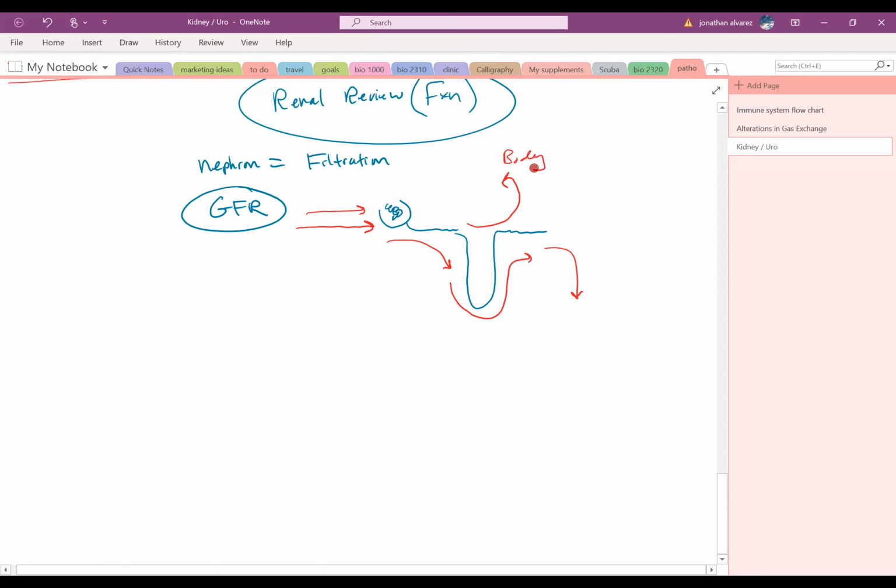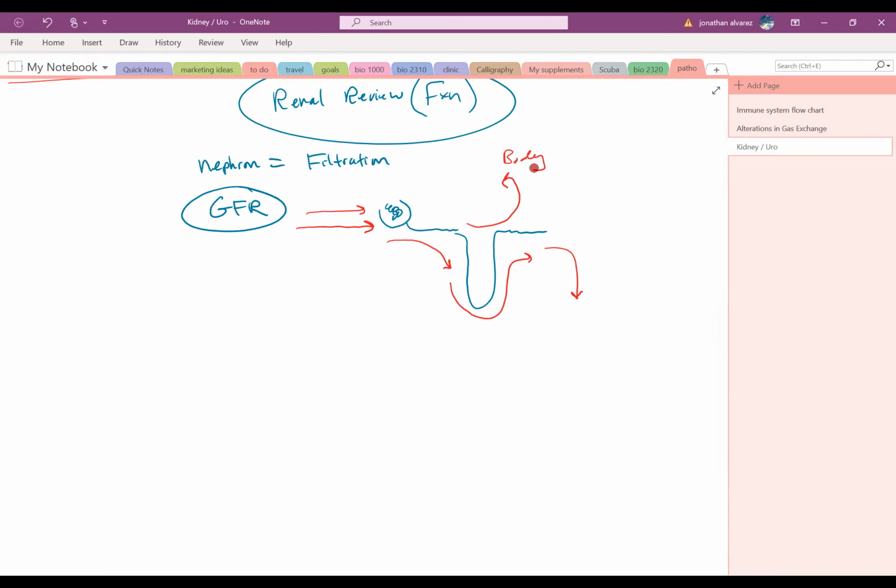Through the arterial system and the venous system, as fluid is getting pushed into the kidneys, you will lose some of it in urine, and you're going to keep a lot of it through just being recycled.